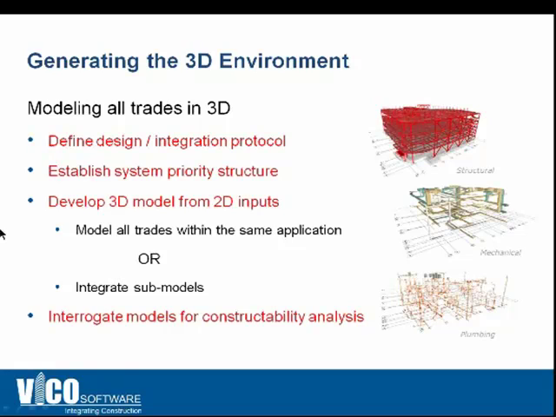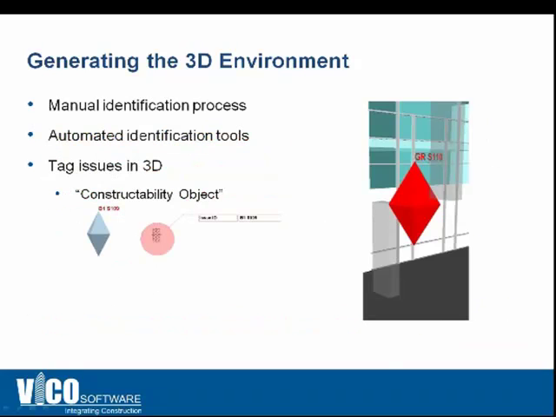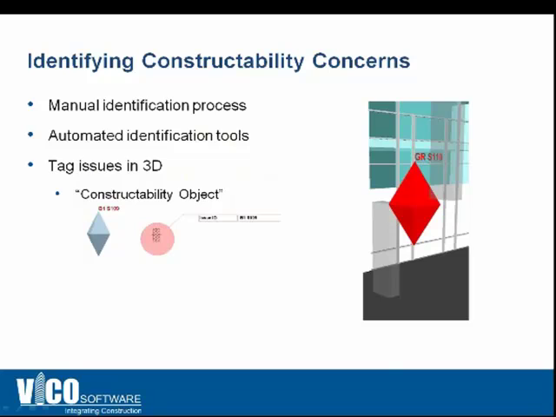And of course, you want to develop the model all trades, or as I said, assemble the models and then begin to look at how they fit together, forming the beginning of the constructability analysis. One thing that you'll see today that we think is very handy for clients is this constructability marker.